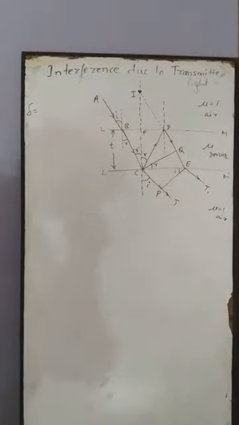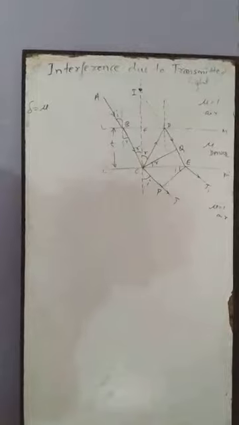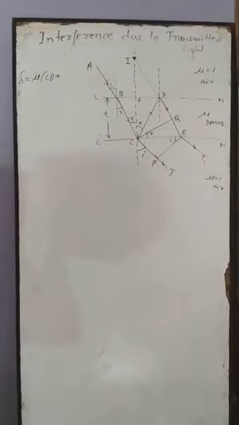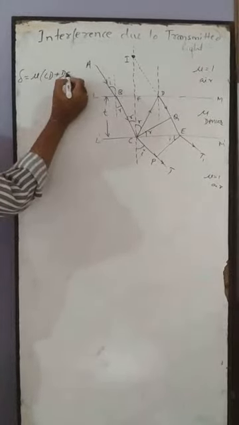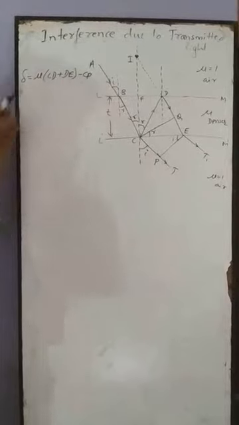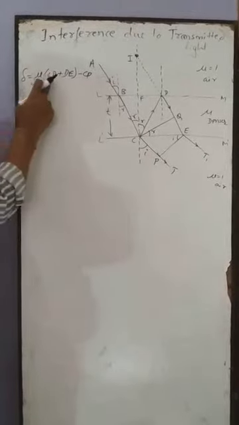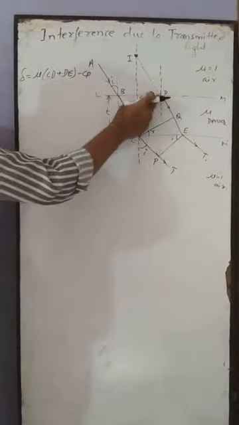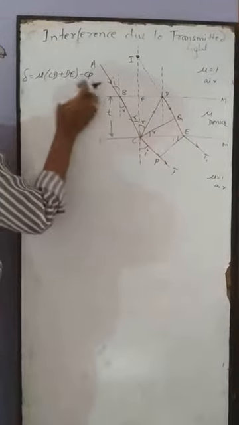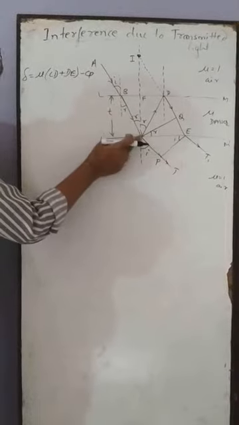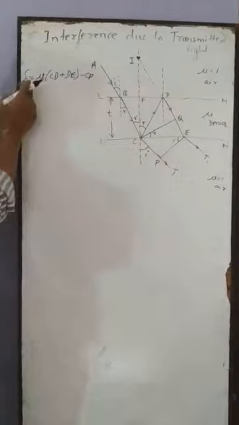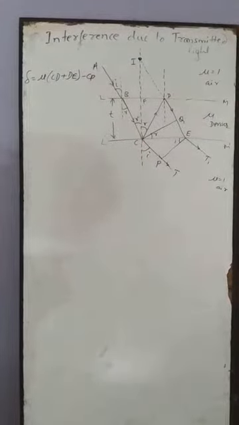Delta is equal to mu into CD plus DE, minus CP. You see this from the figure: CD plus DE minus CP. So you get the path difference delta.